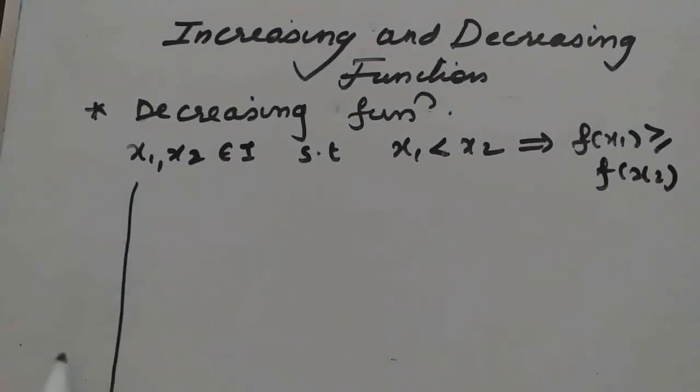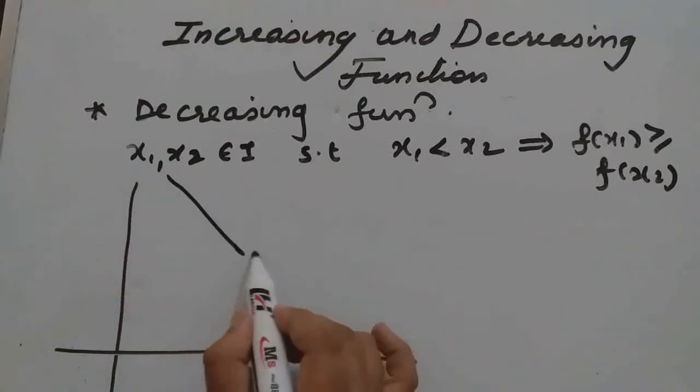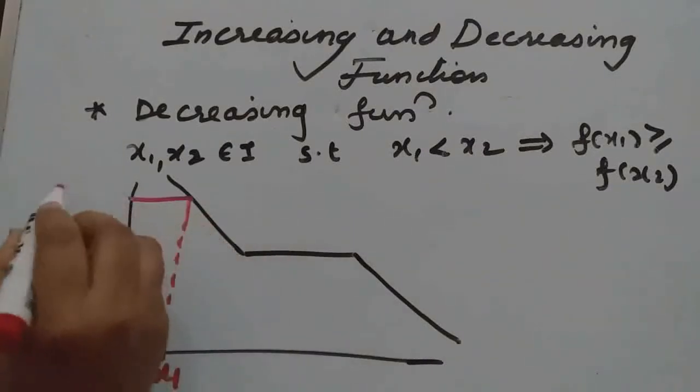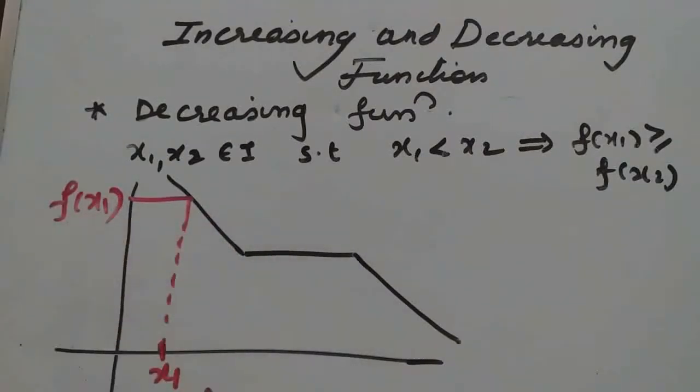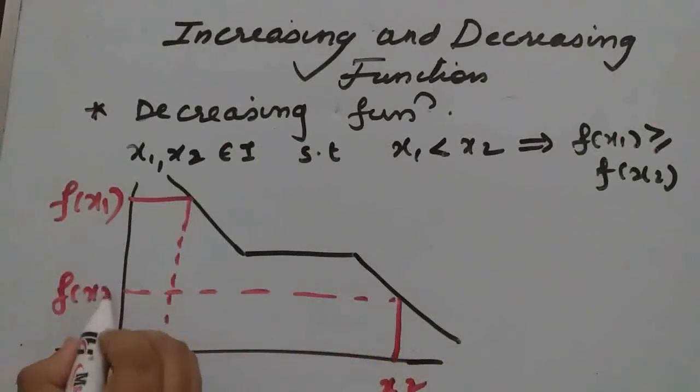See this graph, okay? So here if you consider x1, this will be the f of x1 value, and x2 suppose here, so this will be the f of x2 value, isn't it?